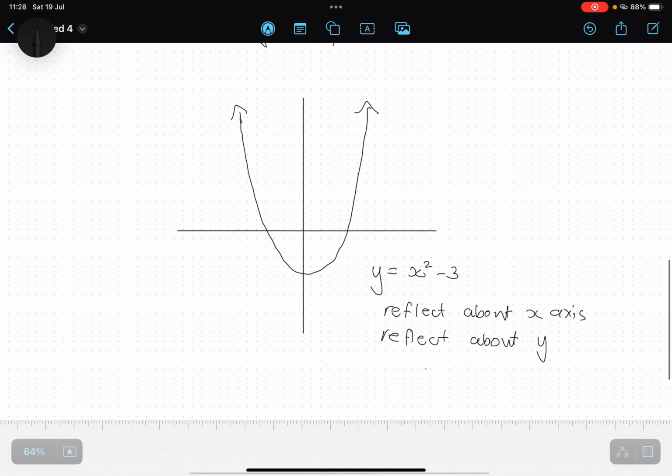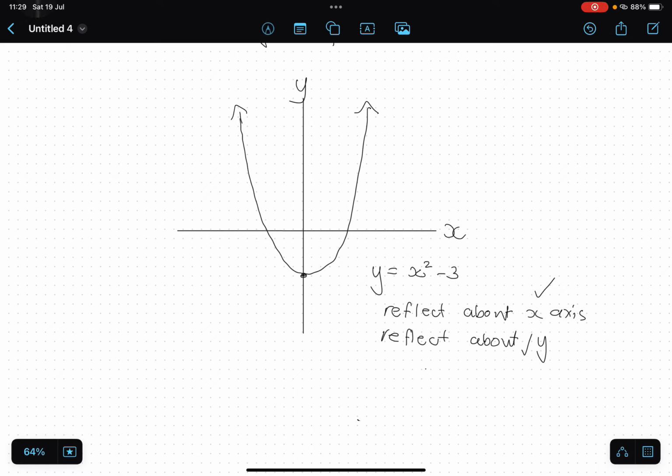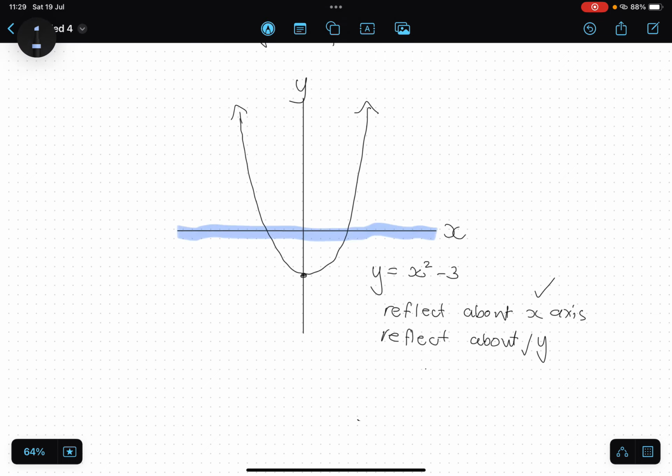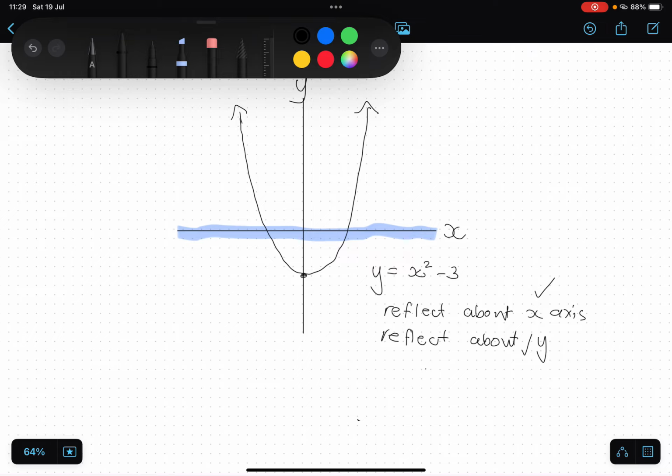Okay. When we're doing this, these two things are very important. You need to be very clear on what they want you to reflect it about, because that is obviously going to change the way you do this. If we are reflecting about the x, okay, so remember that this is your x-axis, that's your y. So your x is over here, so let's just get some color going. That is your x-axis, so we're reflecting about that line.